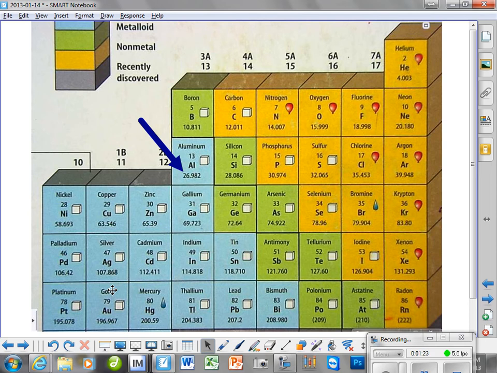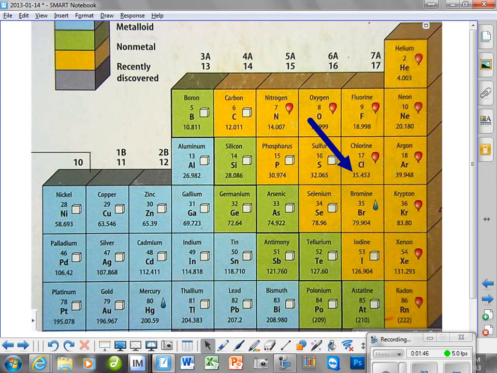So for aluminum, 6.02 times 10 to the 23rd atoms would weigh 26.982 grams. For chlorine, a mole of chlorine atoms, which is 6.02 times 10 to the 23rd, is equal to 35.354 grams. I'll get it right.